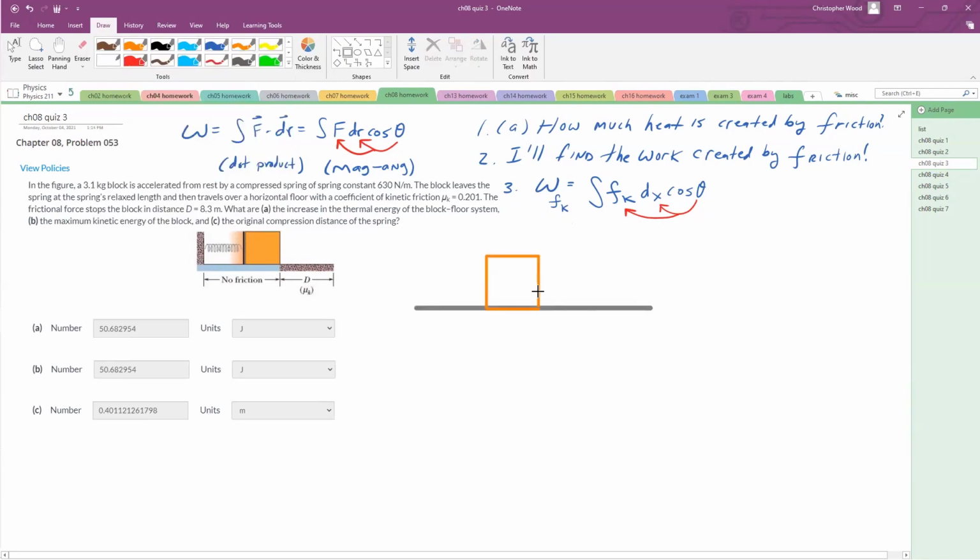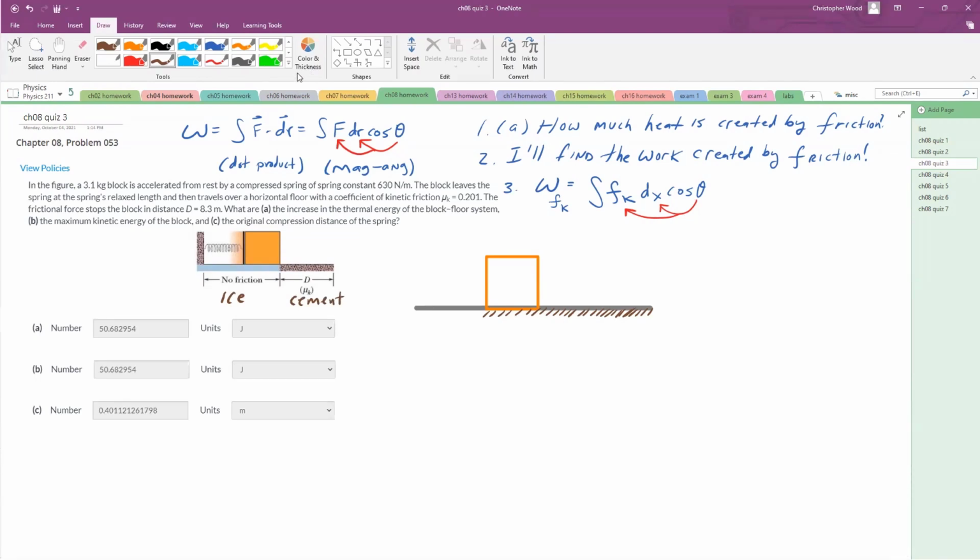And what are the forces acting on this orange block? Well, as it moves along this friction patch, it's sliding along this frictiony area, a rough patch. I'm thinking maybe this block was sliding along ice, and then it transitions from ice to a cement surface, for example, or a wood surface, whatever.